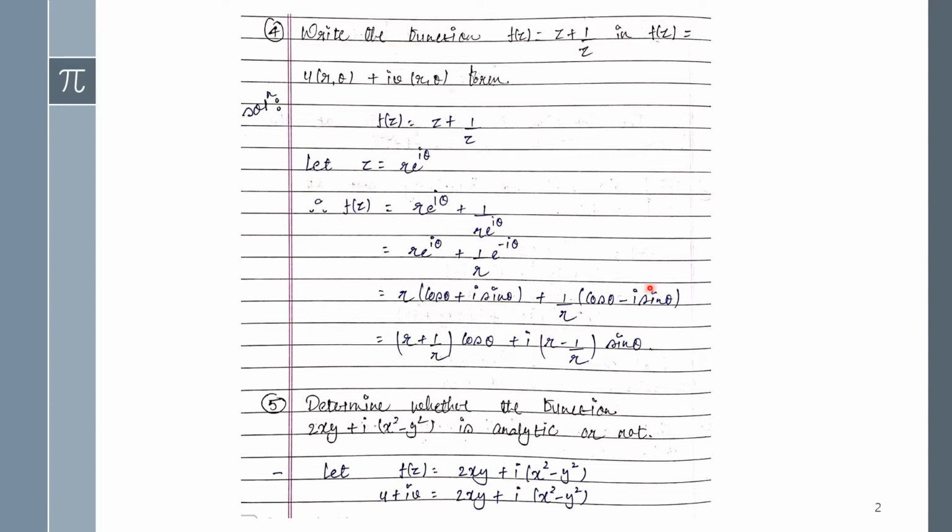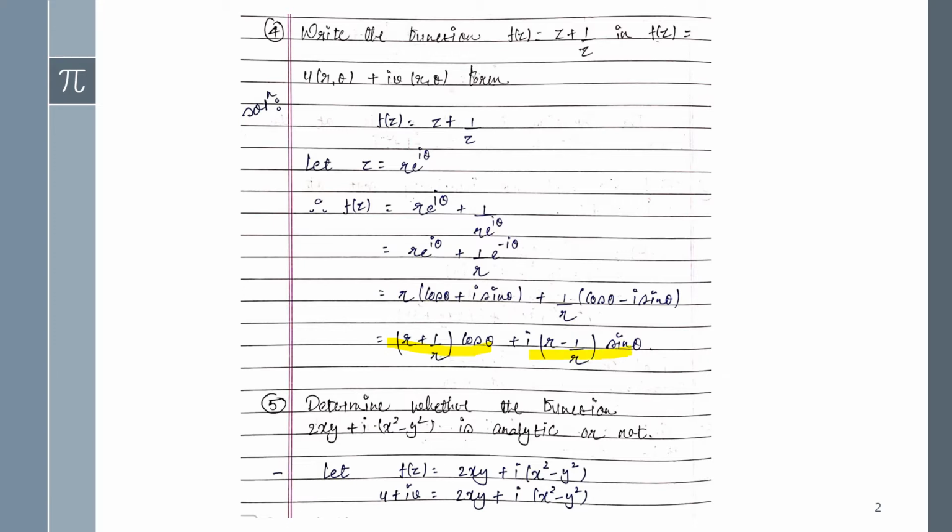Now simplifying this function, you have to find its real and imaginary parts. Just separating the terms you will get the real and imaginary parts. So this one will be your real and this one will be your imaginary part.